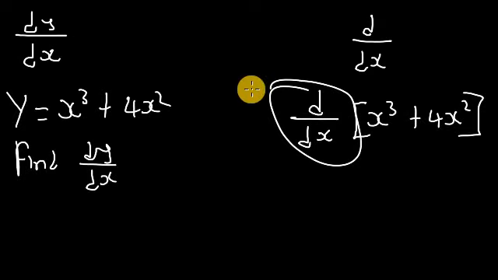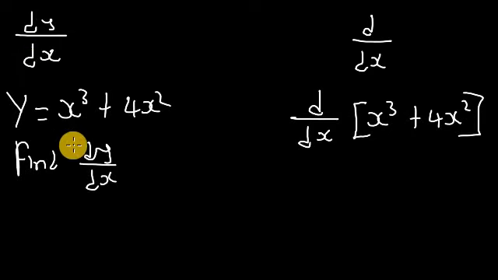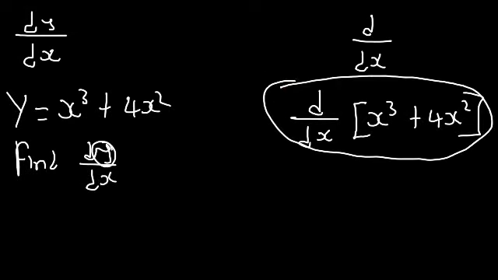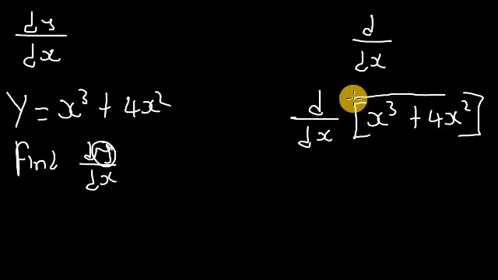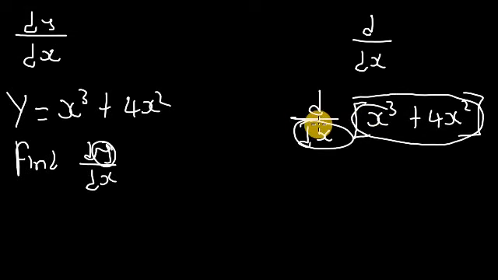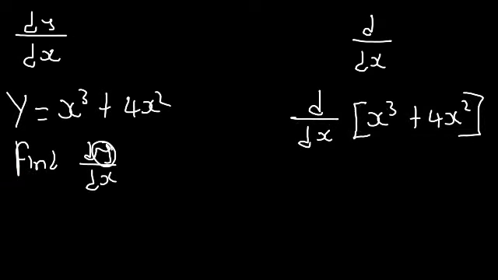Meaning that if you find dy/dx, you differentiate the function y with respect to x, while this one is commanding you to differentiate what you have within the bracket with respect to x. I hope that is helpful.